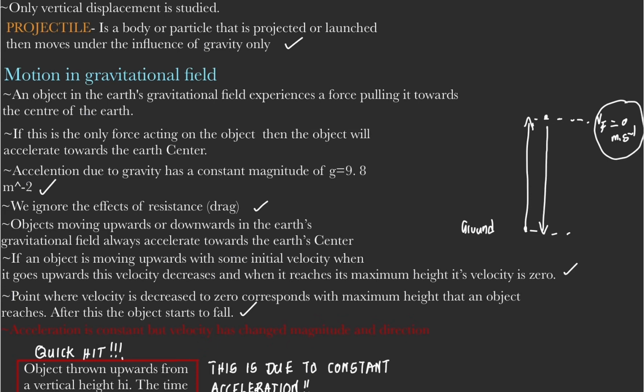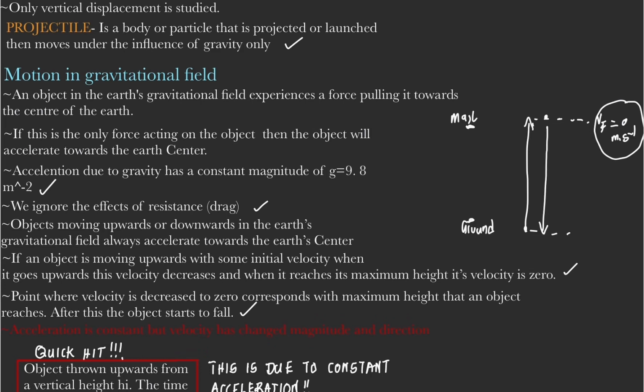And also the other important point to remember when dealing with projectiles is that the time it takes your projectile to move from the ground to its maximum height, and also to move from its maximum height to the ground again, is the same.